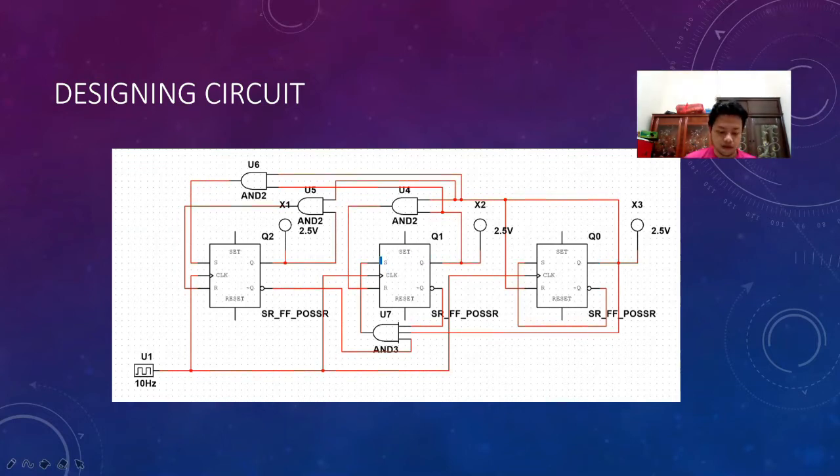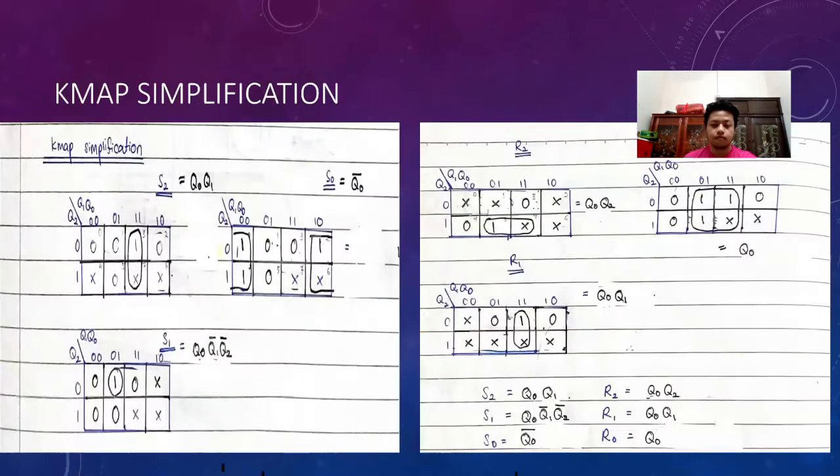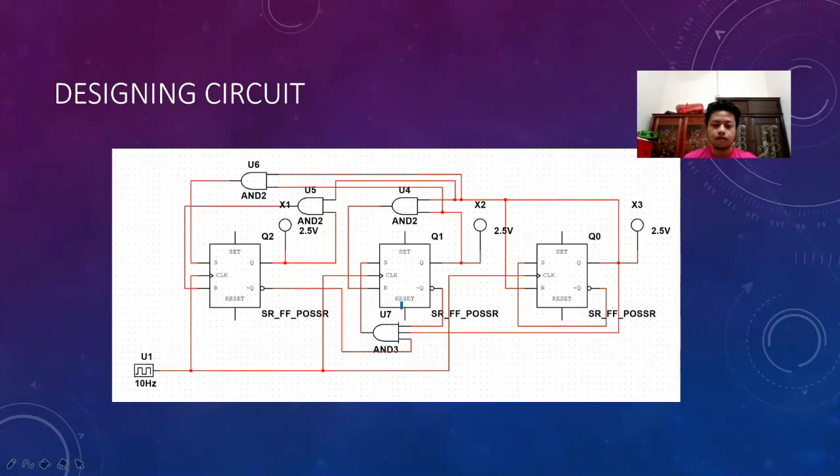Since S1 is equal to Q0 times Q1 bar times Q2 bar, as you can see here, we connect this into here, and this is the Q1 bar.